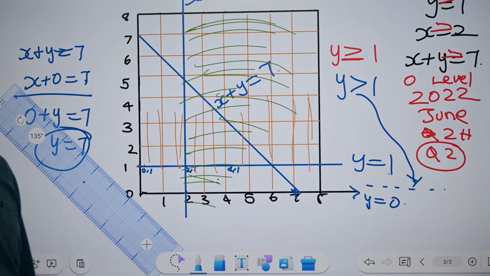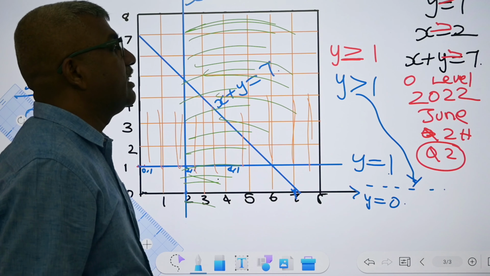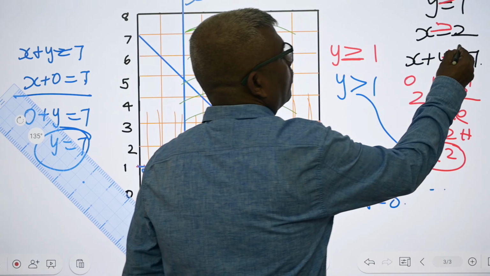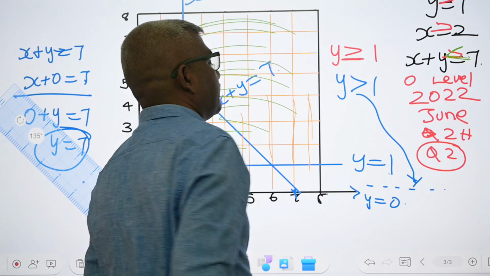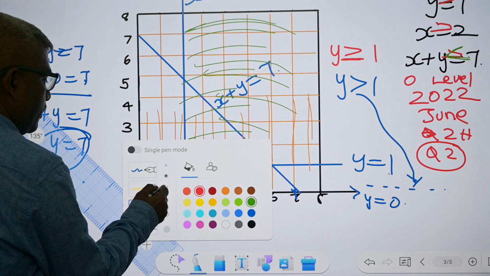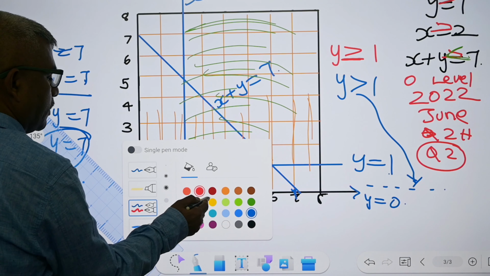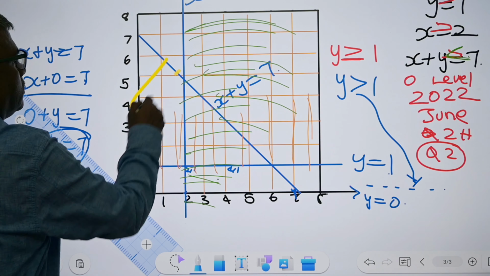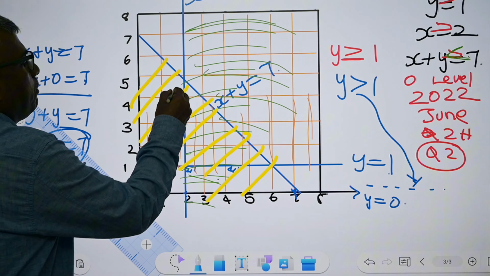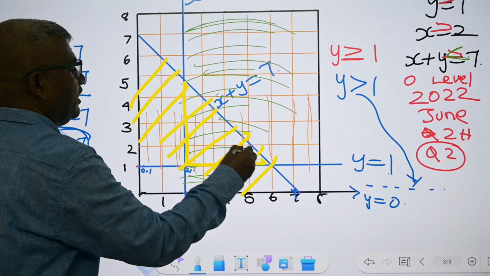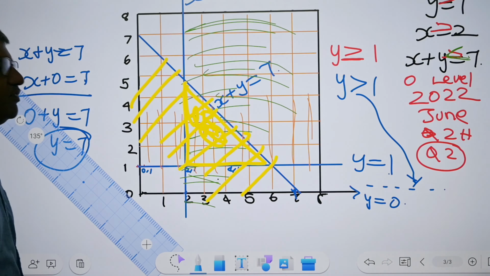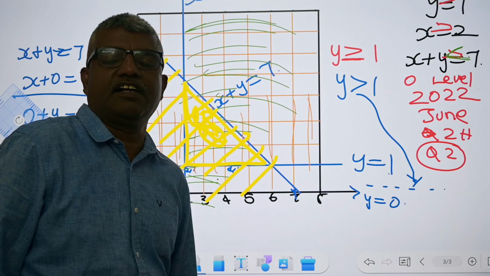Then they are telling x plus y less than or equal to 7. So this will be matching only this area, it is matching. So this is called R. We have to label this R.